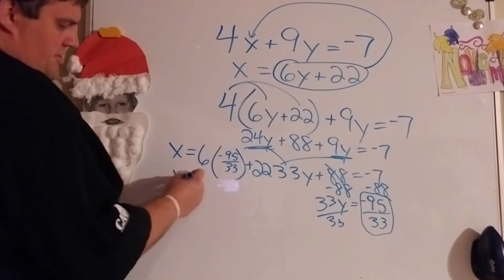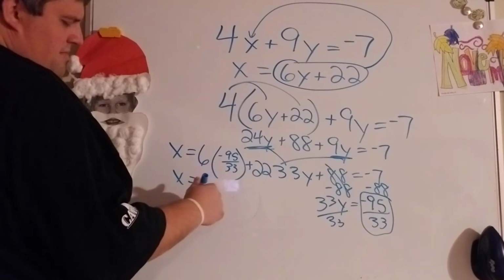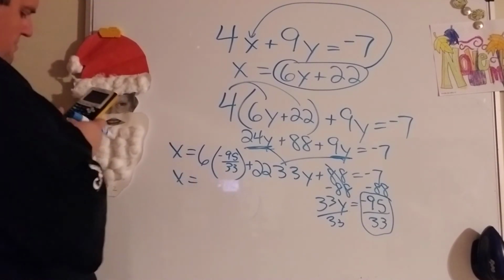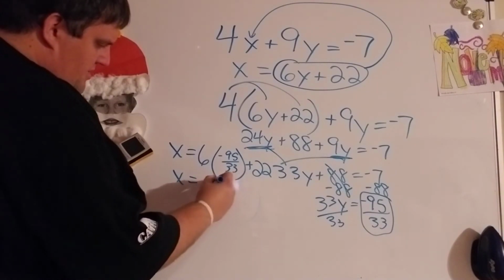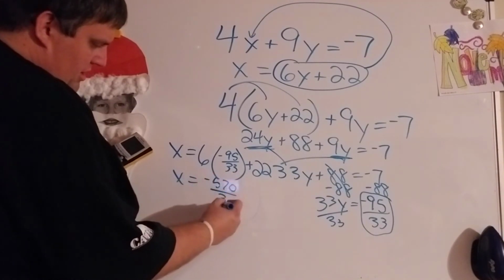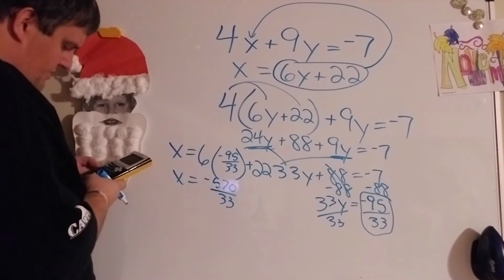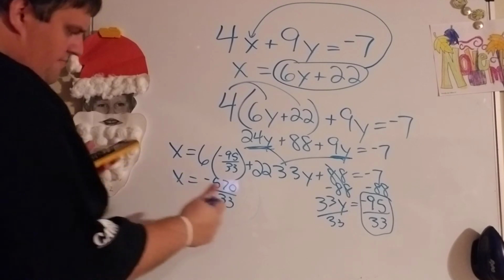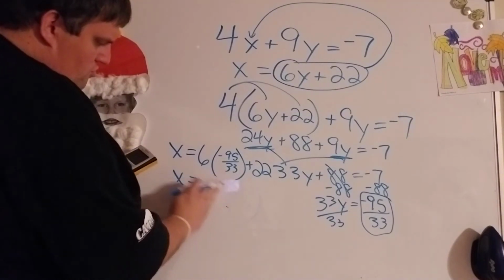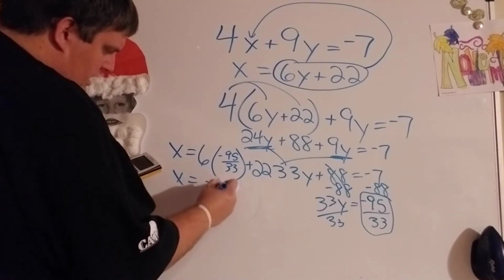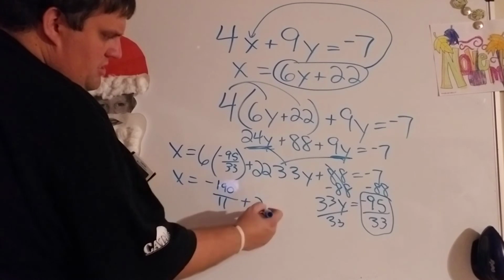And then we'll just go ahead and solve. 6 times negative 95 is going to be negative 570 over 33. I don't think that's going to simplify either. Oh, it did. So that's going to simplify to negative 190 over 11 plus 22.